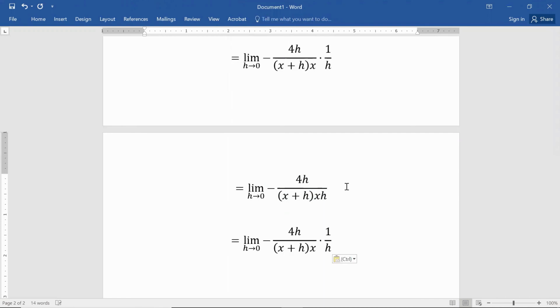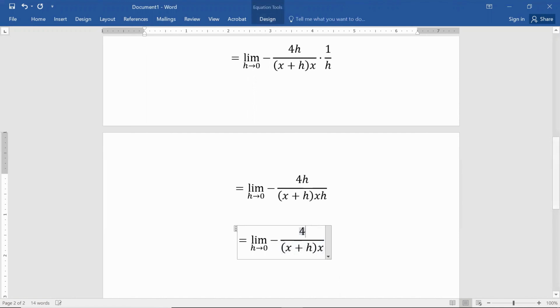So what happens is that we end up with negative 4. Doesn't matter if you put the negative out front or in front of the 4. Negative 4 over x plus h times x. And now this is the first time that I can plug in a 0 into my denominator and not be dividing by 0.